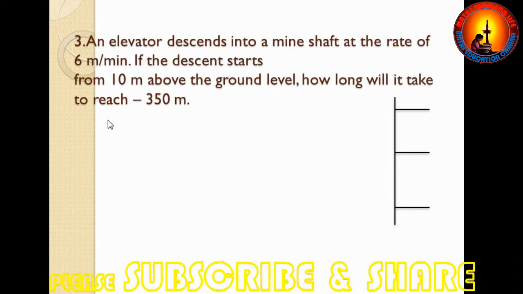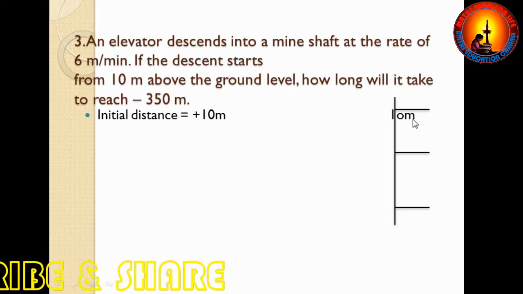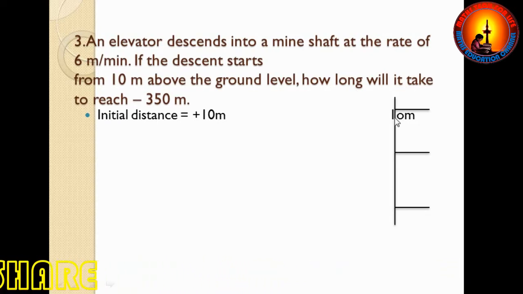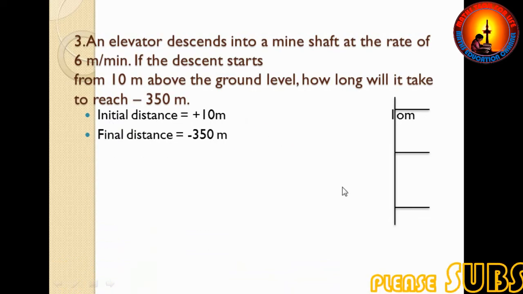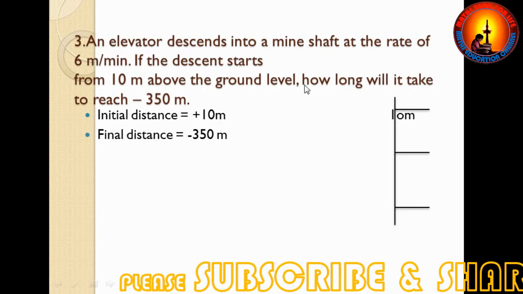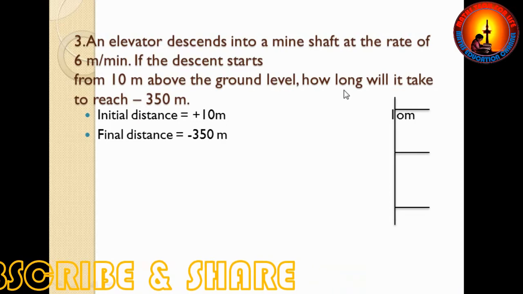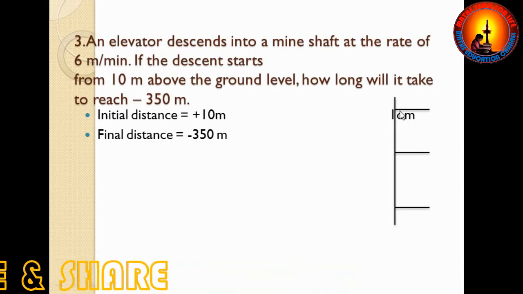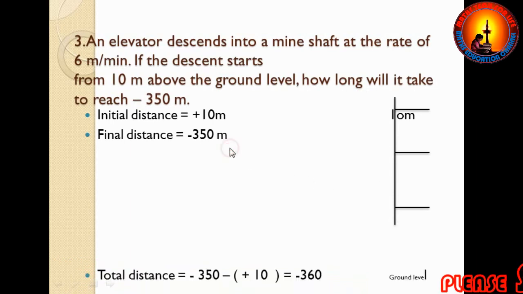Then the first step you have to write is the initial distance. The initial distance is 10 meters. Then the next one is the final distance. The final distance is 350 meters. We want to find the duration of time, how long it will take. For that, first you have to take the total distance. For finding the distance, you have to find the difference.